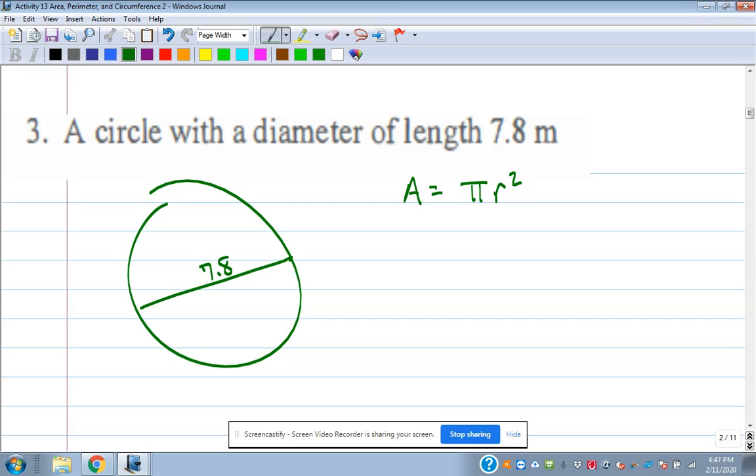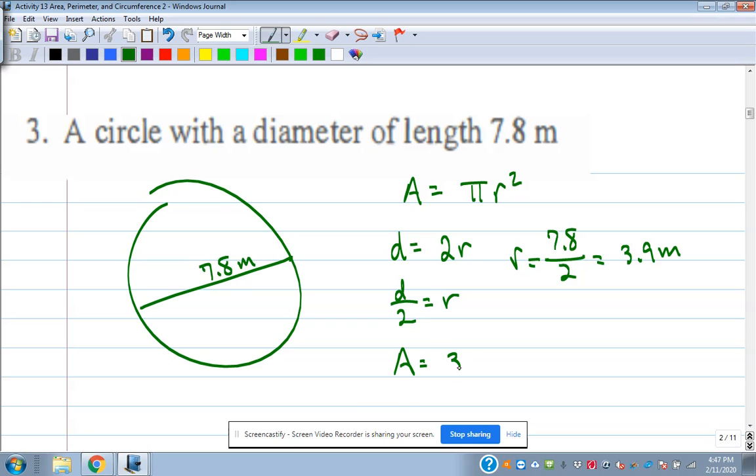What do we have for this circle that we've drawn here? The diameter. What is the radius? So we're going to take half of the diameter to get the radius. So 7.8 divided by 2 is 3.9 meters, the radius. Okay, and then we can take that and plug it into 3.14 times 3.9 squared.